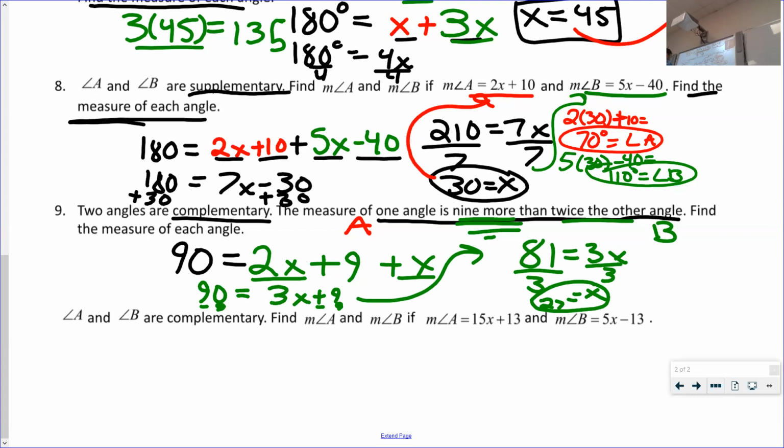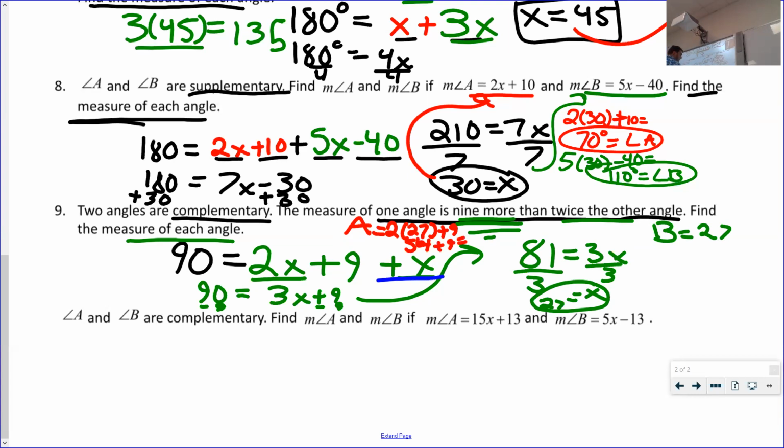But remember, we're finding the measure of each angle, not just X. So because of that, we're going to plug it in. Well, first off, this is just X, so we know angle B is just 27. Angle A, we're going to plug it in. 2 times 27 plus 9. 2 times 27 is 54, my bad.